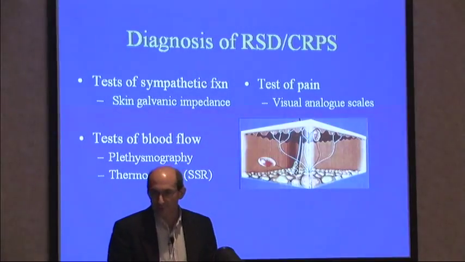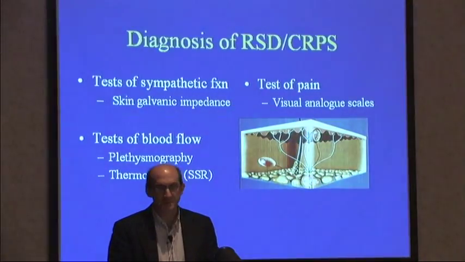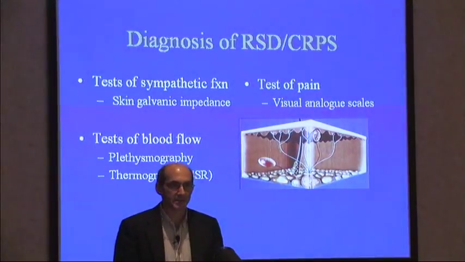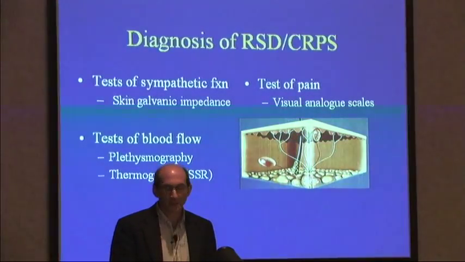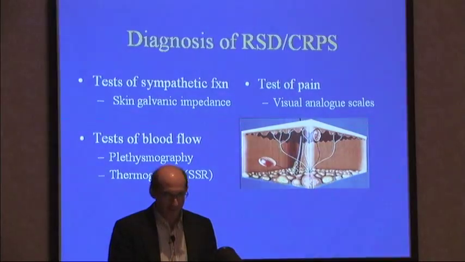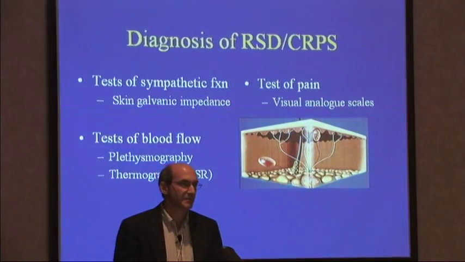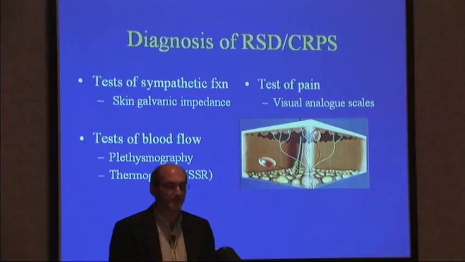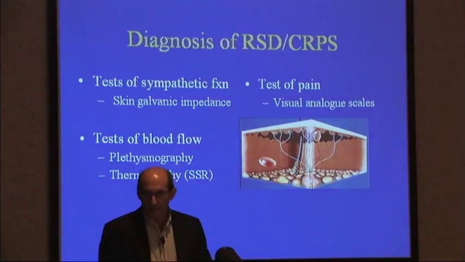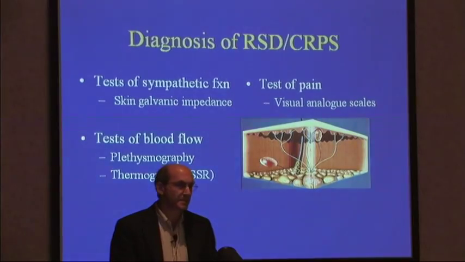The first is by doing tests of sympathetic function, and these are skin galvanic impedance studies. And you'll find as we go along, those actually follow acupuncture meridians, and these galvanic impedance studies, in fact, are what we call in physics fractals. They, in fact, are the same thing as thermal tomes or thermal images. The second group of tests are tests of skin blood flow.